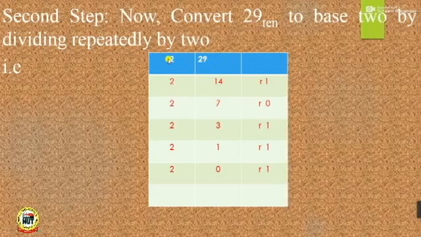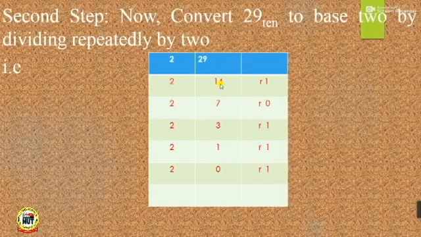Then 9 divided by 2 will give 4 with a remainder of 1. This R here stands for remainder. The remainder must always be at the right hand column. Look at it, 29 divided by 2 will give you 14, remainder 1. Or you say 2 divided by 2, 1. 9 divided by 2 gives you 4, remainder 1.